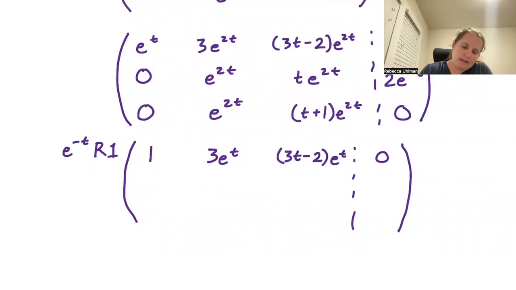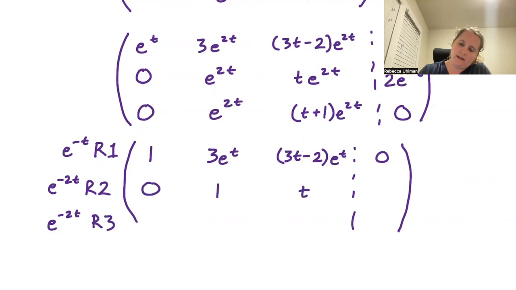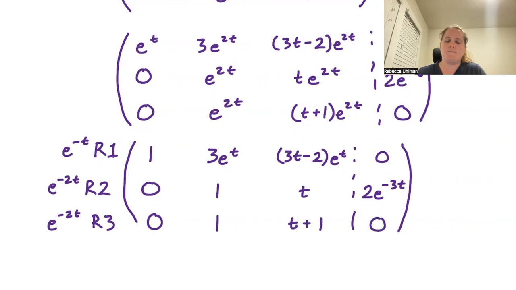If we do e to the negative 2t times row 2, and e to the negative 2t times row 3, we have 0, 1, t, and then 2e to the negative 3t for our second row. For our last row, we would have 0, 1, t plus 1, and then 0.